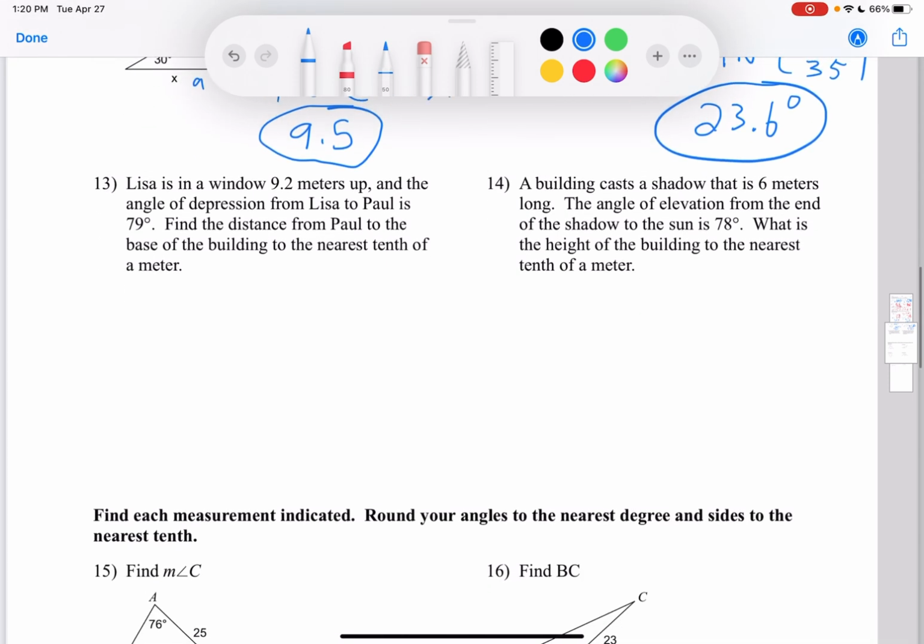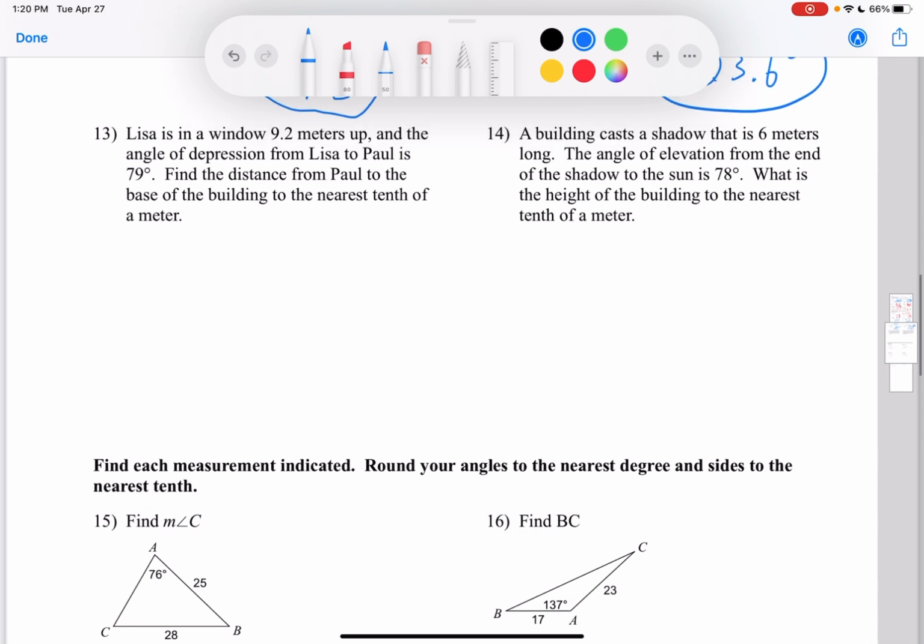All right, so now we have to draw a little bit. Lisa's in a window. It's 9.2 meters up. And the angle of depression from Lisa to Paul is 79 degrees. So she's sitting up here. She's looking down at Paul, who's down here.